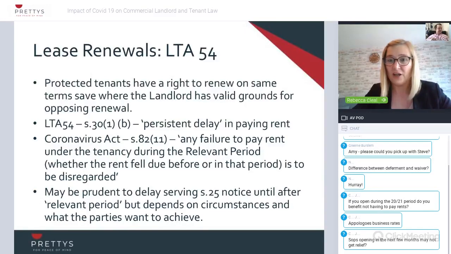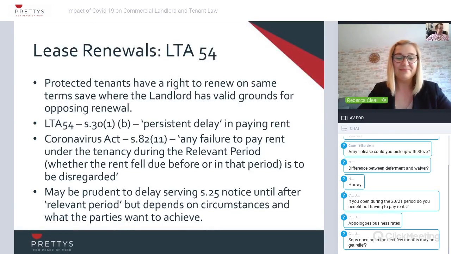So if you've had a tenant that has been absolutely awful in paying rent over 3 of the 5 years of the lease, then there is nothing in this provision that is going to prevent you from using that ground as a reason for refusing a new lease. But obviously, please bear in mind that that ground is a discretionary ground, so it is going to be down to the discretion of the court whether or not they're going to grant you that.